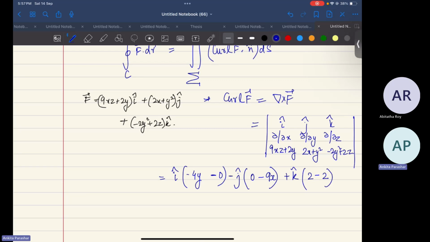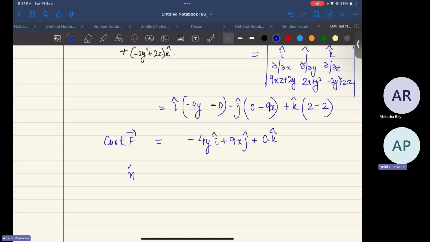Is that okay? Okay, so we'll get minus 4y i cap plus 9x j cap. That's all. We do not have k cap. I'll just write 0 dot k cap, right? So this is what we got as curl F.